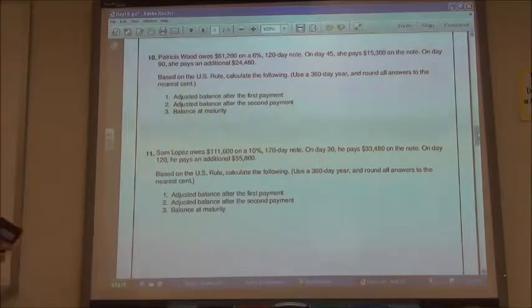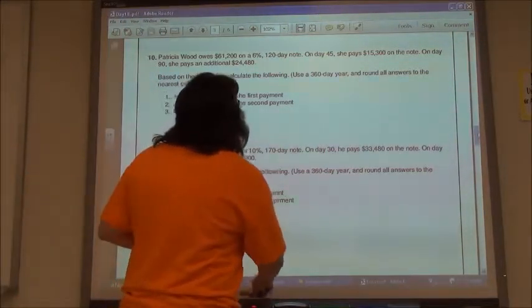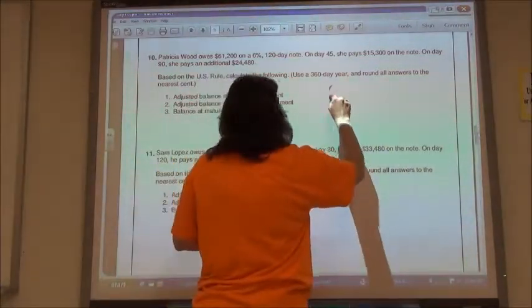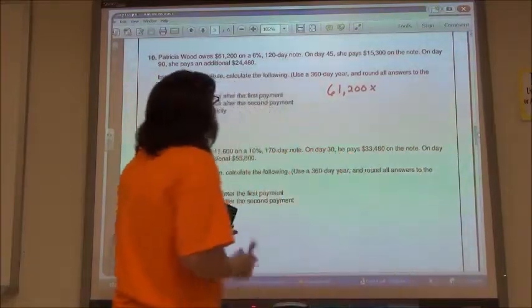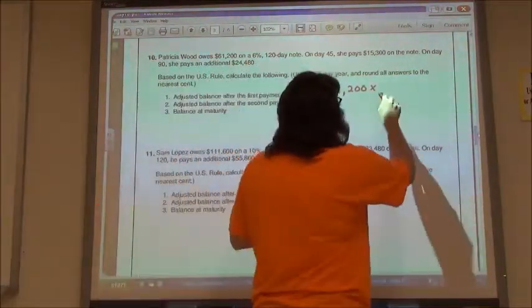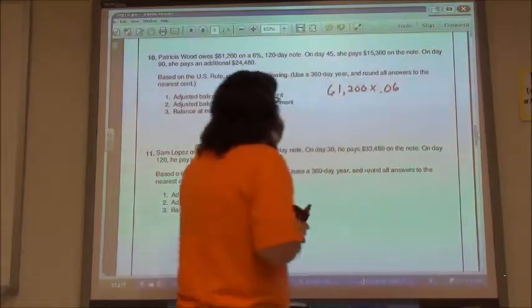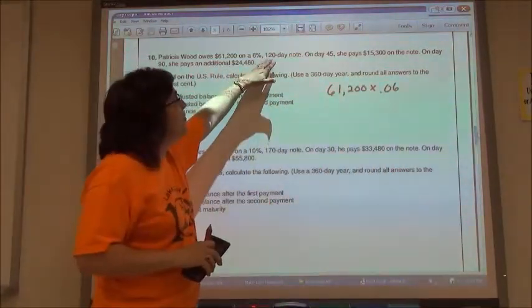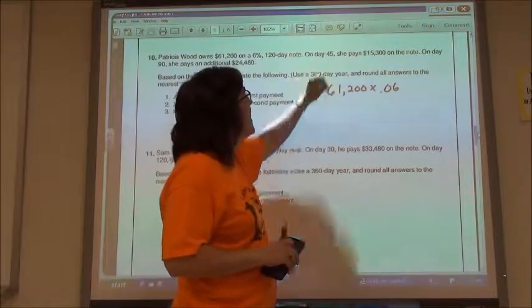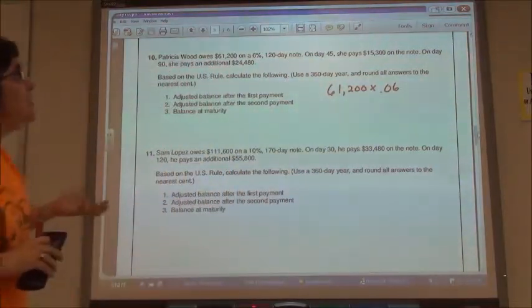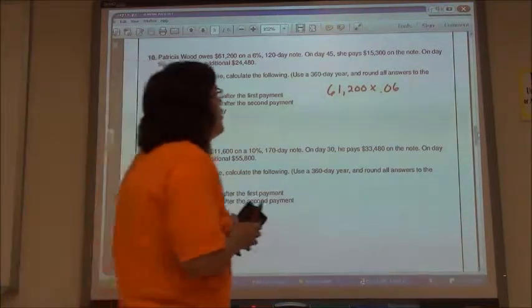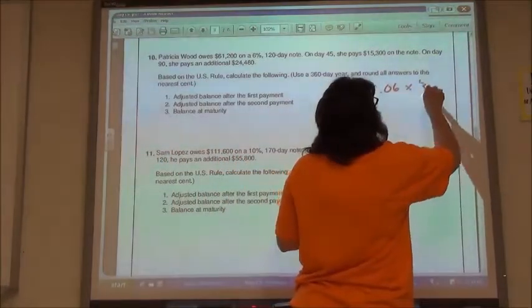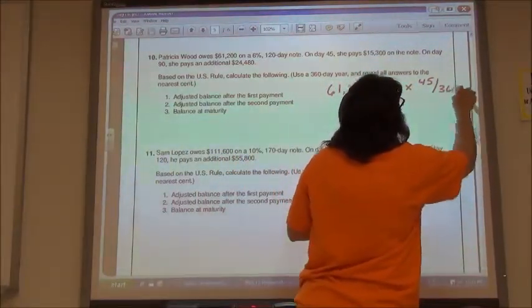So what we're going to do is we're going to take our note, and our principal is $61,200. We're going to do 6% interest, 0.06. But we're not going to use the 120 days for the total because we're going to make a payment on day 45. So I'm going to figure out how much interest I'm going to earn up to day 45, 45 out of 360 days in a year.